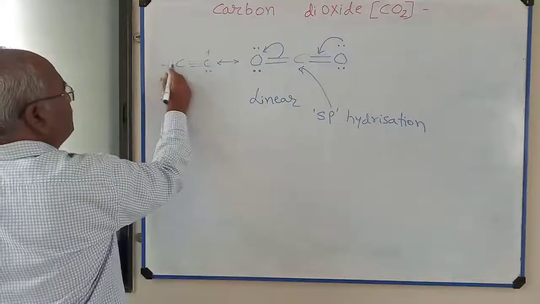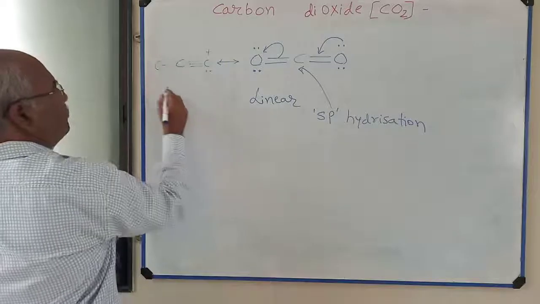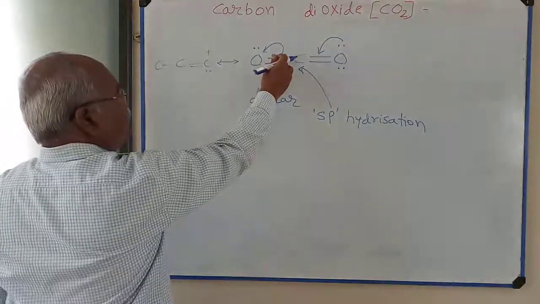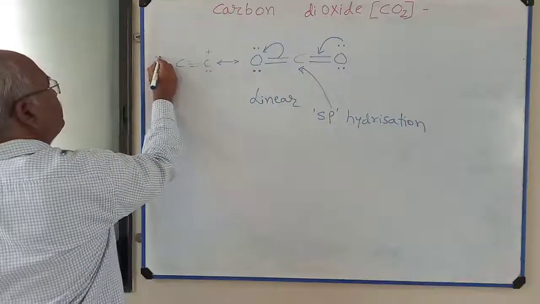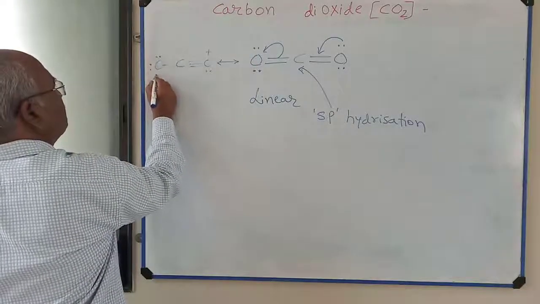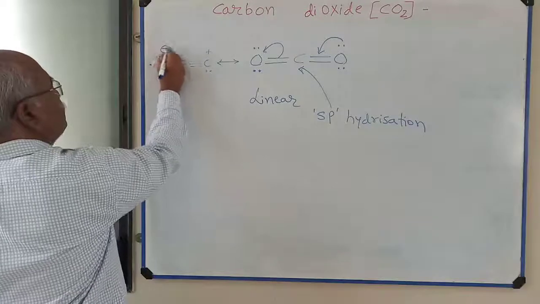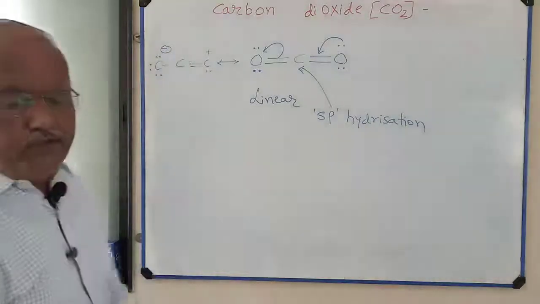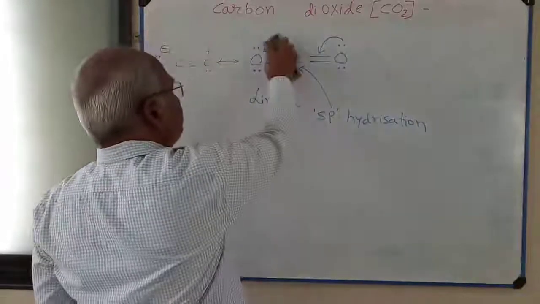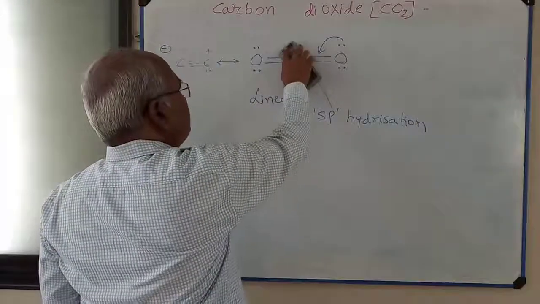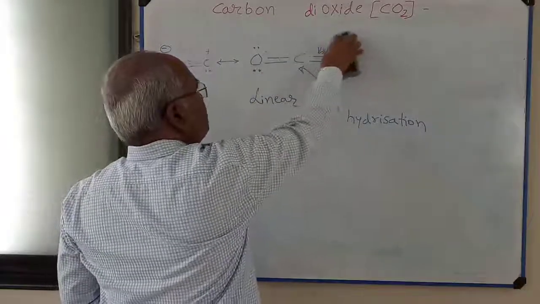Here single bond O, pi bonded electron pair is shifted on this oxygen. Therefore, this oxygen becomes negatively charged. This is the resonating structure of carbon dioxide.